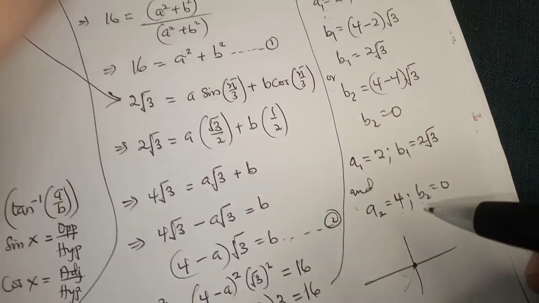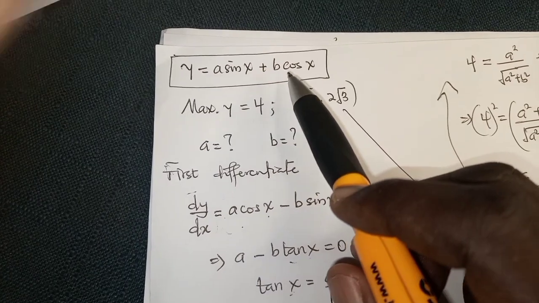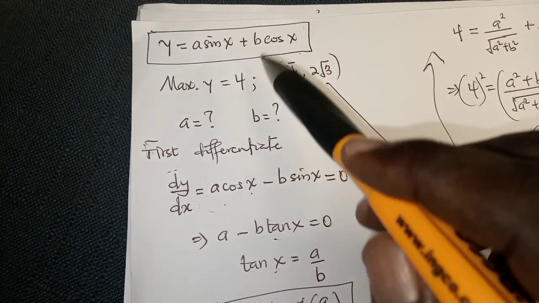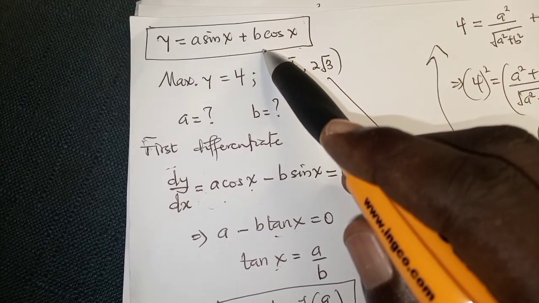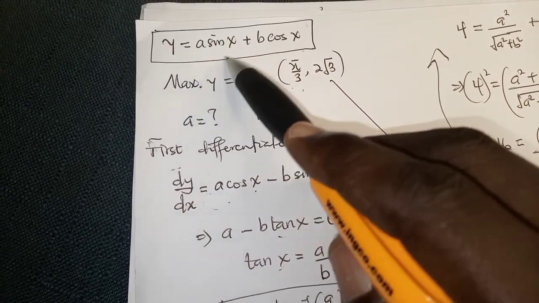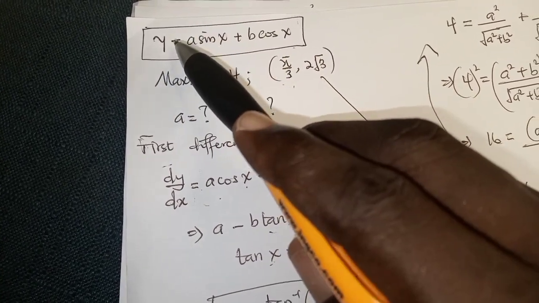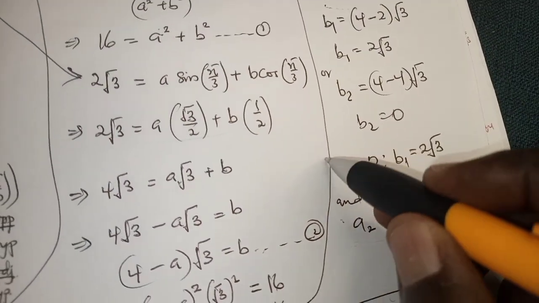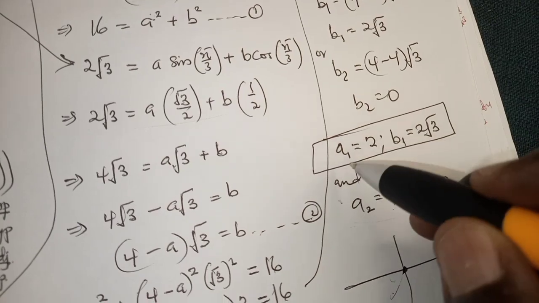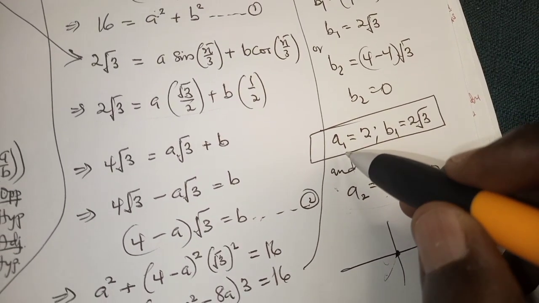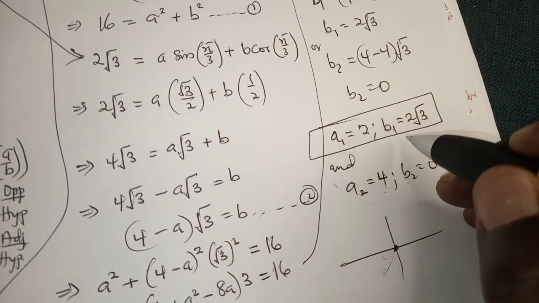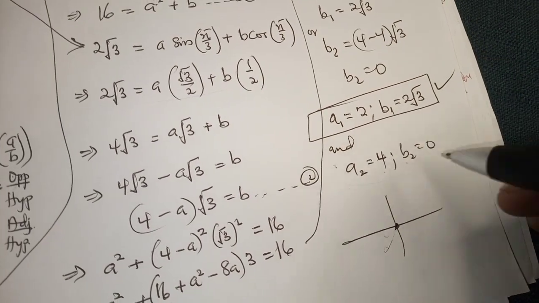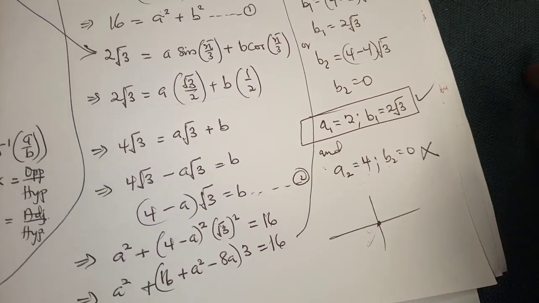That's because b cos x will be eliminated, it becomes 0, and this will be left. So our exact values will be a sub 1 equals 2, b sub 1 equals 2 root 3, and that will be our answer, and this will be discarded.